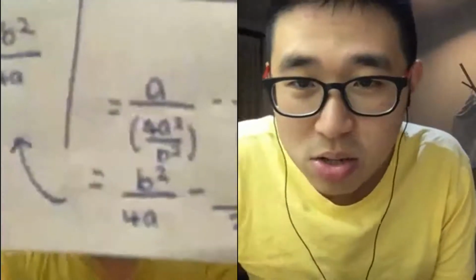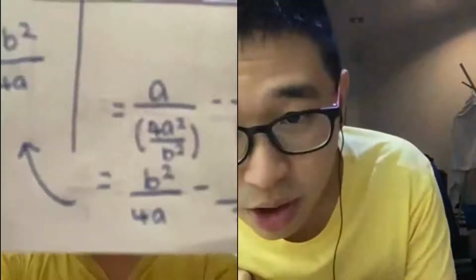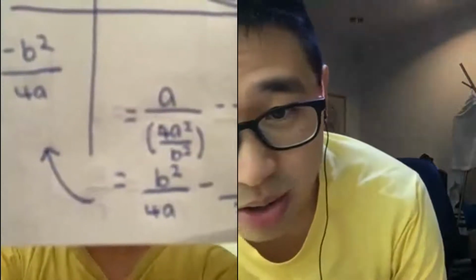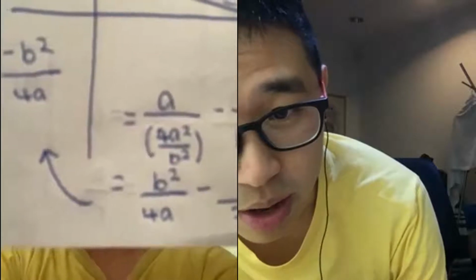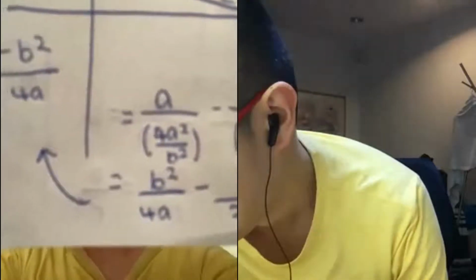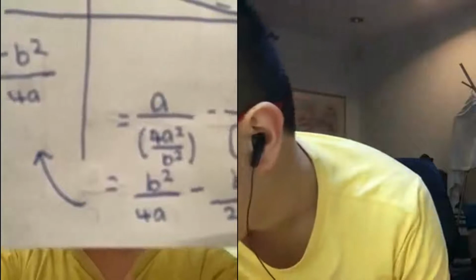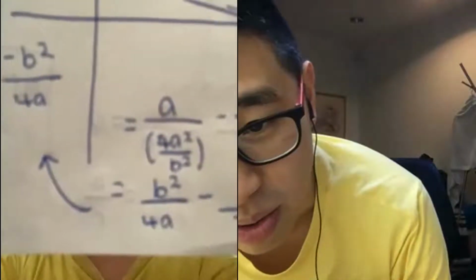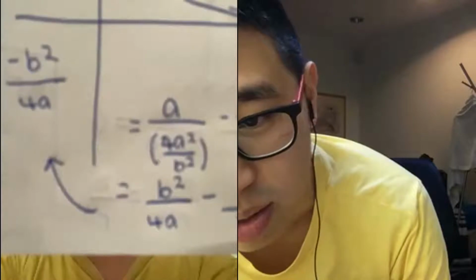I just want to double check something. Okay, so you got a over 4a square over b square minus b over 2 over b. So that would be b square over 4a squared. There's a and a cancel.